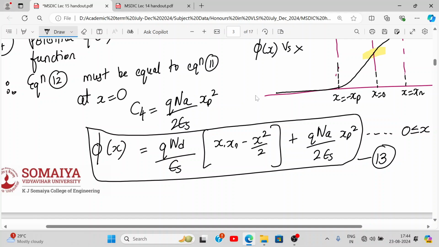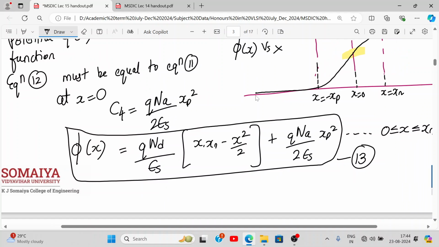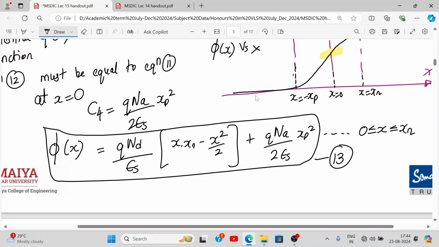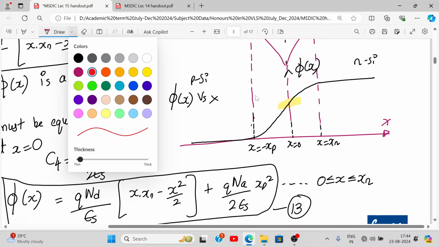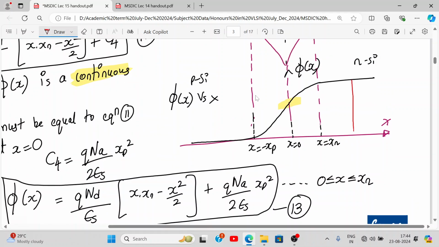All right, now written, completed. Now see over here. How much is this value? Can you tell me? It is the same as the amount of band bending, which is VBI. So this voltage is VBI. Can I say at x equal to xn, my psi of x is equal to VBI, the built-in potential?